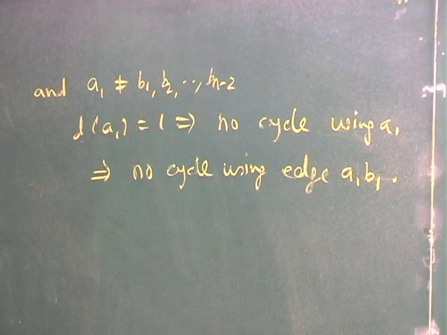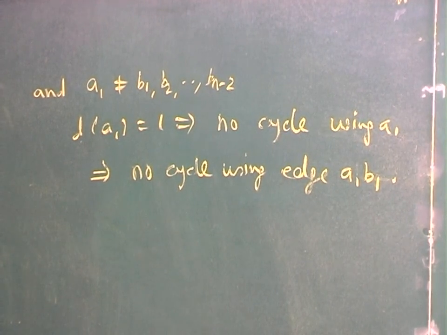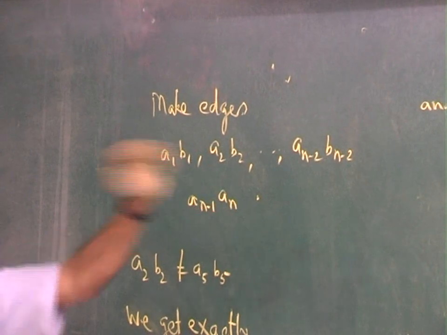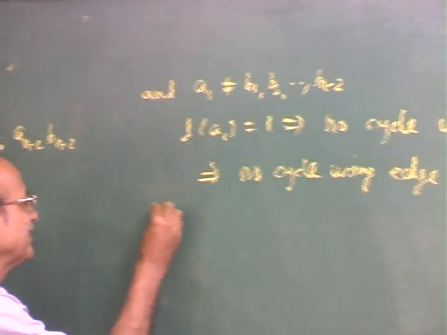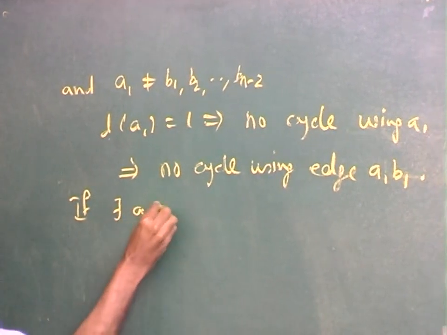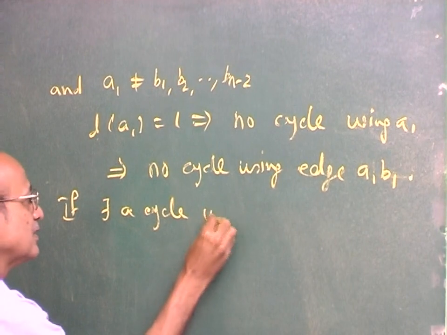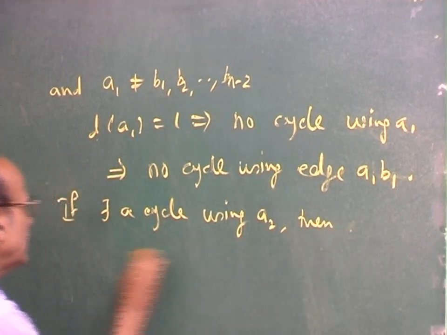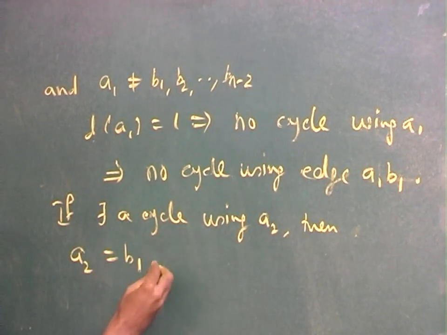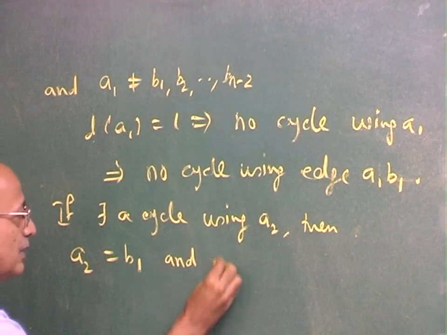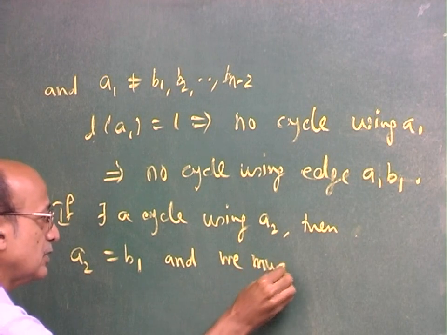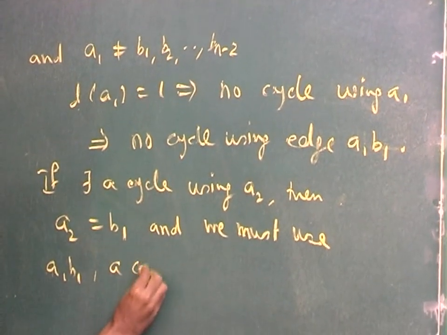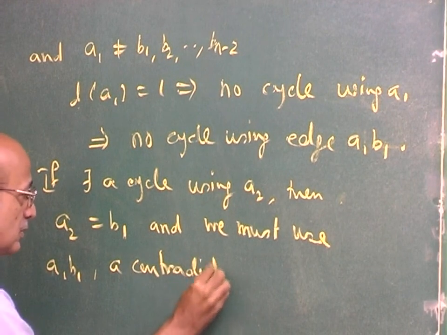Therefore, the only way you could have a cycle that contains A2, it will have to use this previous edge A1, B1, but we already said that there is no cycle. That is a contradiction. So no cycle.